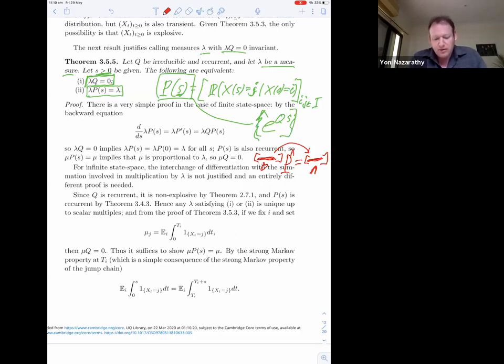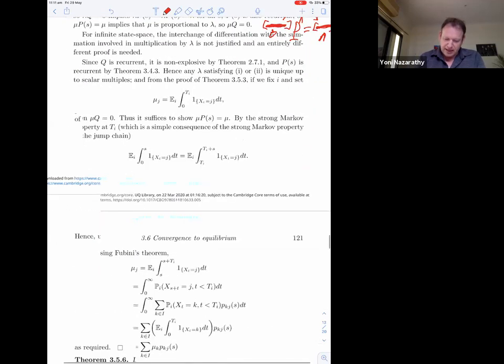If you started with some measure at a given time, then after some multiplications by P, you're still in that measure. So that's an equivalent definition of an invariant measure: something you can propagate. Maybe the measure isn't just probabilities, maybe it's just a sequence of numbers, and you stay with the same lambda.